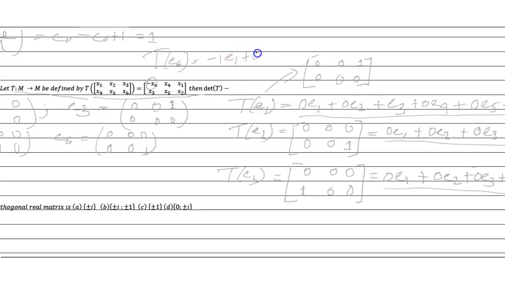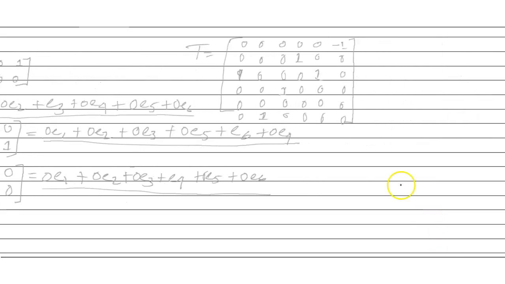Okay, after that 0 E2, 0 E3, this is coming. That's why the value minus 1 is coming. So if we rearrange, T can be written this way: 1 1 1 1 1 in diagonal form. Another is 1. This way we can get the value.